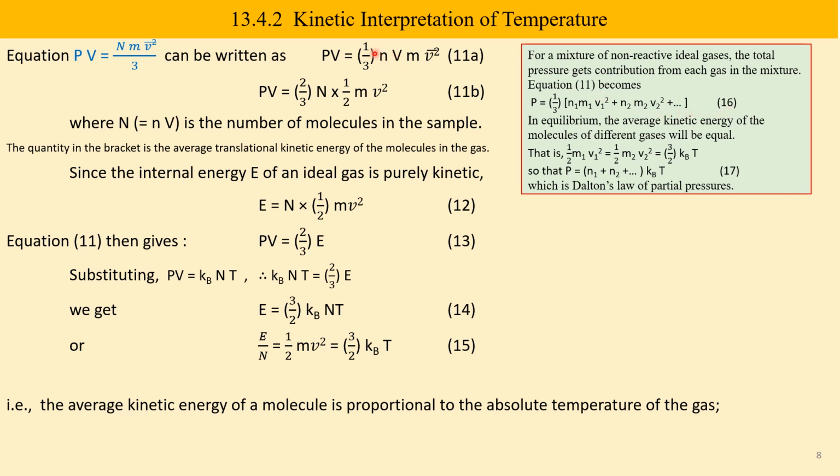Therefore, in equilibrium, the average kinetic energy of the molecules of the different gases will be equal. Therefore, half of M1 V1 square equals half of M2 V2 square. This is, the kinetic energy is equal.